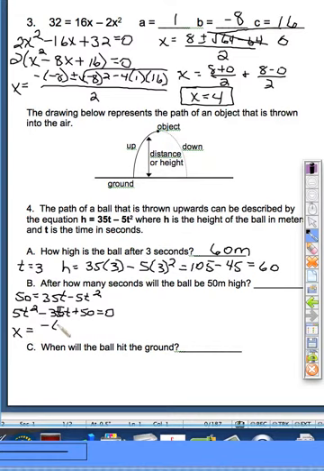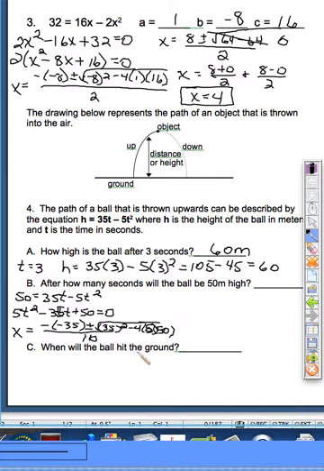We have negative negative 35 plus or minus the square root of 35 squared minus 4 times 5 times 50, all of that over 2 times 5, or 10.